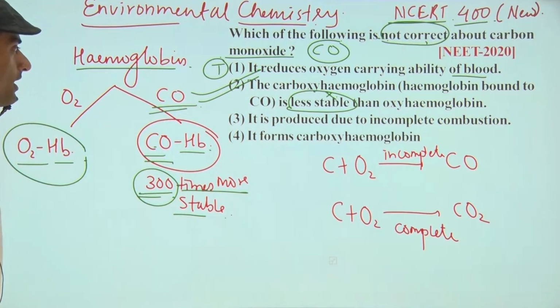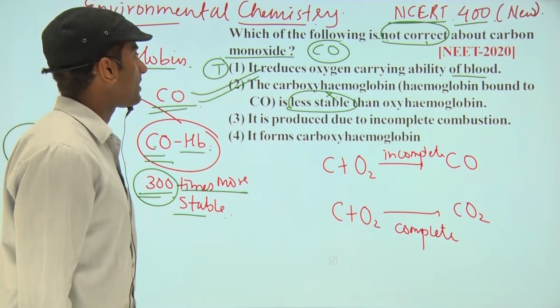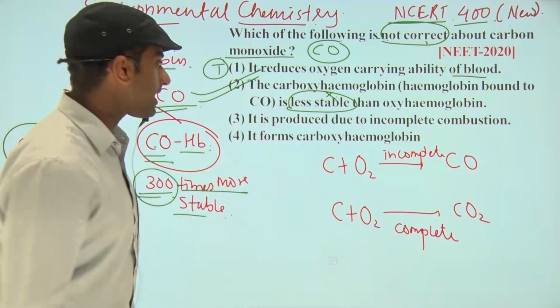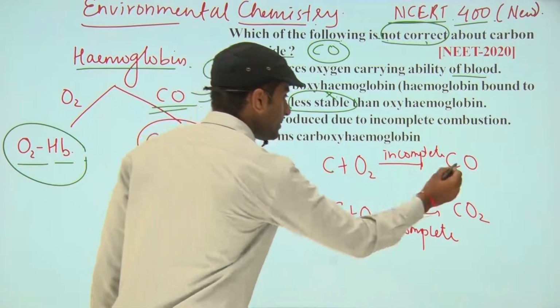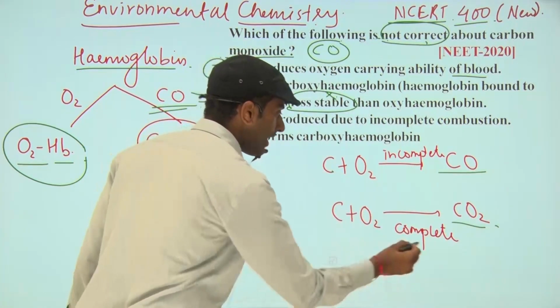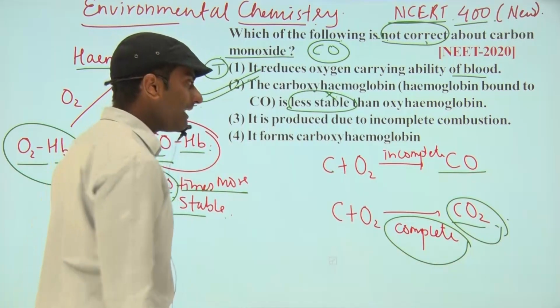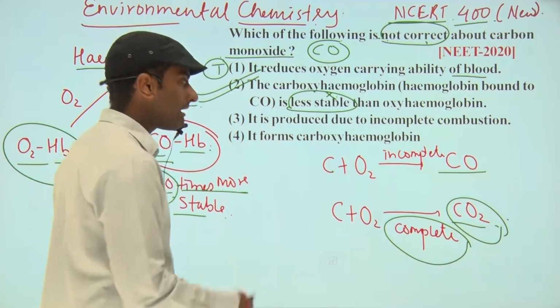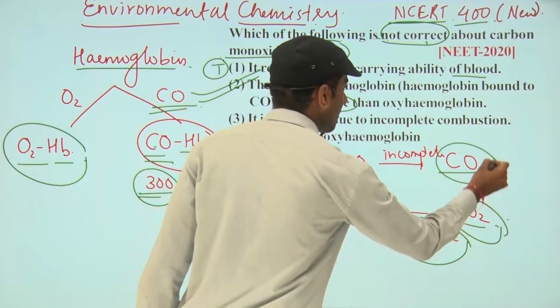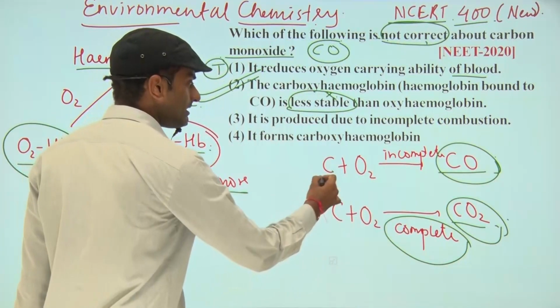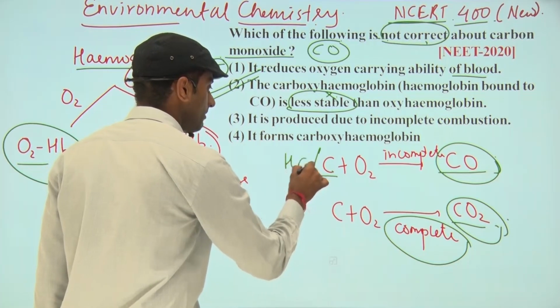Next, it is produced due to incomplete combustion. We are talking about carbon monoxide. So carbon can oxidize into CO and CO2. When complete combustion is there, then we will get CO2, while in case of insufficient combustion, incomplete combustion, we are getting carbon monoxide. Not only carbon, we may have hydrocarbon also.